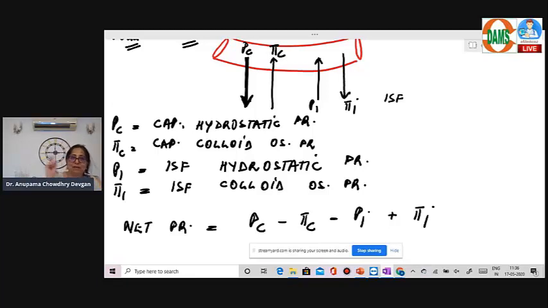Because it is opposing PC, the direction of Pi is opposite to PC. So minus Pi plus pi I. This is PC minus pi C minus Pi plus pi I. This is your net pressure.